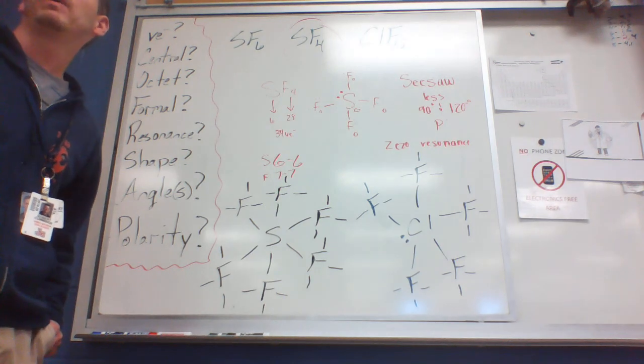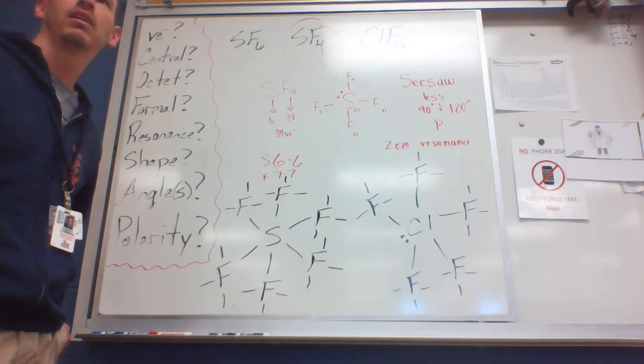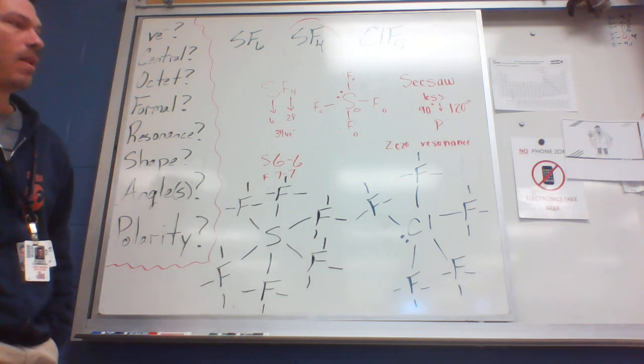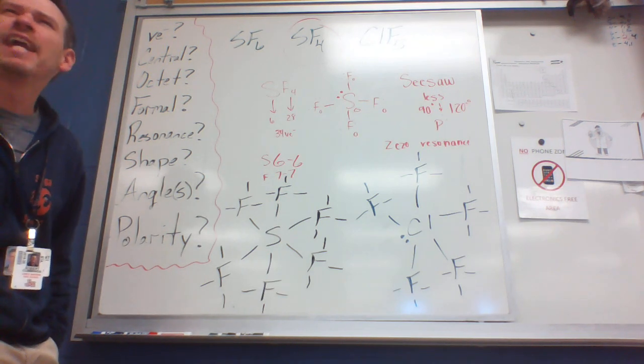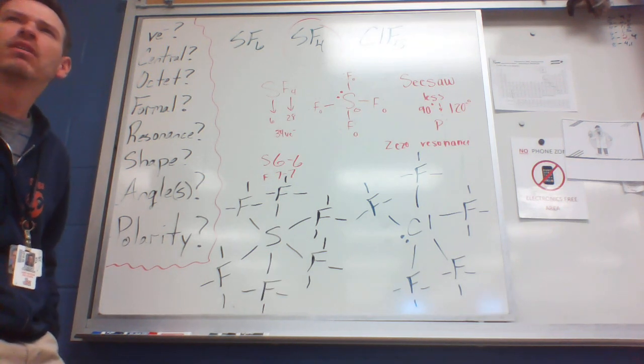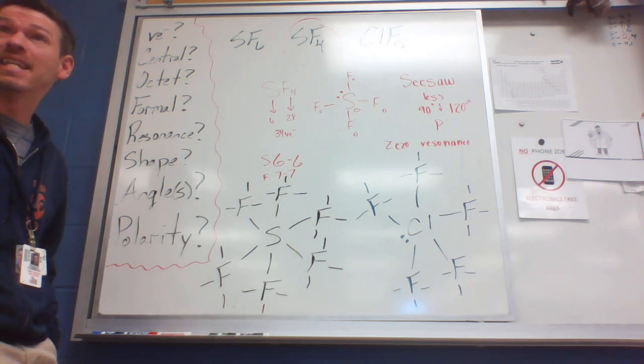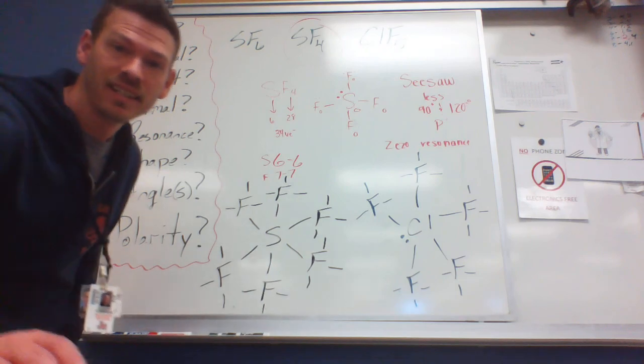What shape did we say that guy was? It is square pyramidal. Square pyramidal. What angle does square pyramidal have? Less than 90 degrees. Square pyramid.